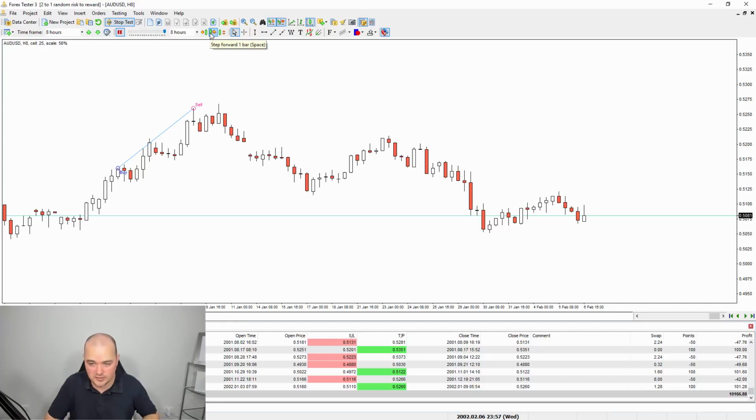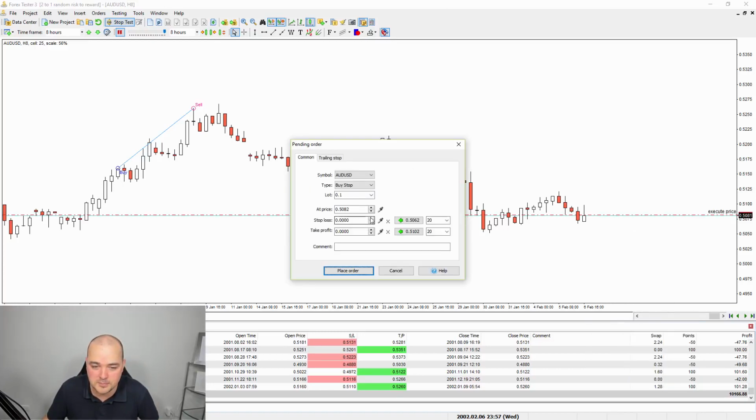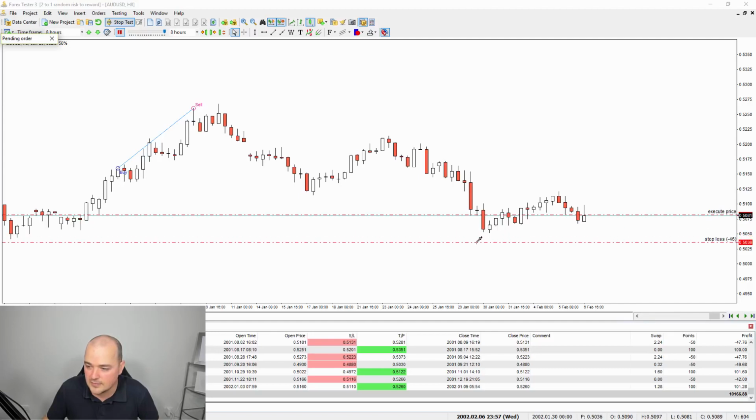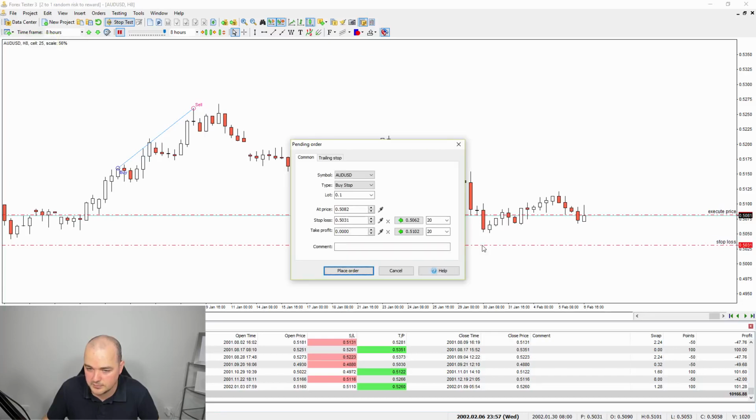Okay, so the market's given a few waves, and now let's see what it wants us to do. Heads again. This coin, it is a real coin, guys. Oh well, let's do another buy stop order. Place a 50 pip stop loss.